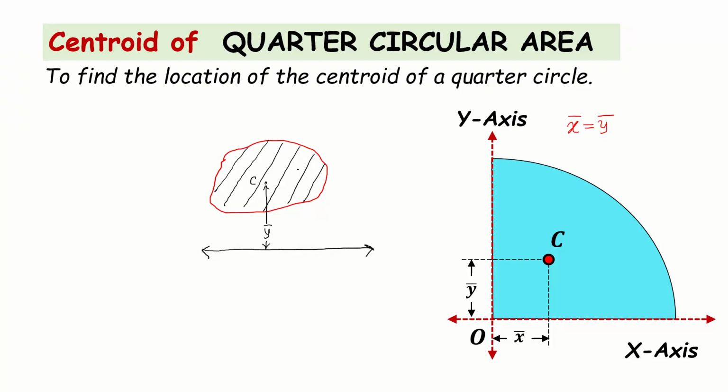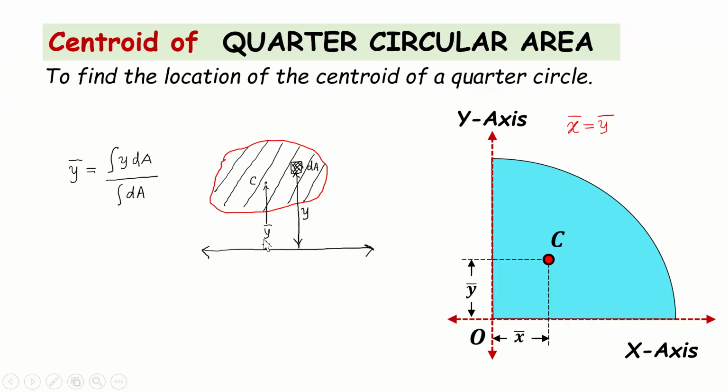The procedure is, we take a small area, that is an infinitesimally small area, friends. We take a very small area, let's say dA, and its distance from the axis, let me call it y. This is y, friends. So the centroid of this particular section or area about this axis is given by a simple expression, friends, which is y bar, that is the y coordinate of the centroid, equals the integration of y times dA, that is the infinitesimally small area, divided by the integration of the infinitesimally small area that we have considered.